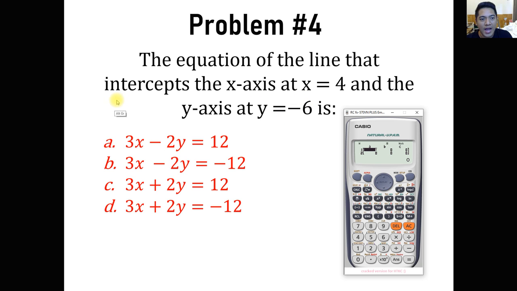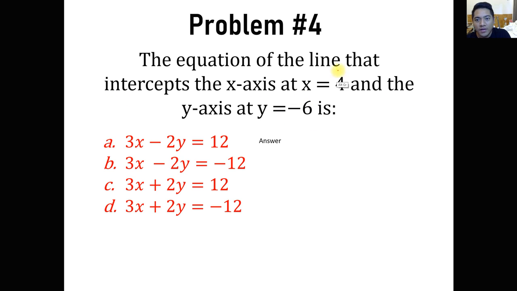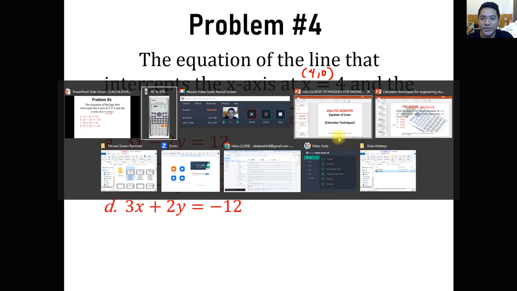So we have points 4 and 0, and 0 and negative 6, because these are all intercepts. We discussed a while ago that we only need 2 points in order to create a line. So using the same principle we have applied a while ago.